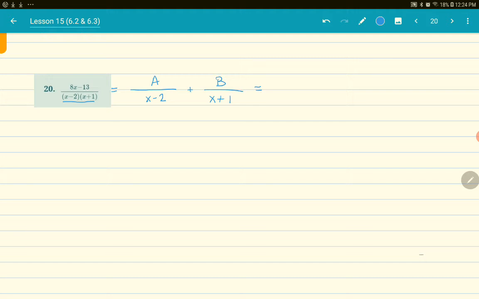So if I were to add these together, I need an x plus 1 over here in order to get that common denominator. And I need an x minus 2 over here in order to get that common denominator. So when I do add these together, I will get a times x plus 1 plus b times x minus 2, all over x minus 2 times x plus 1.